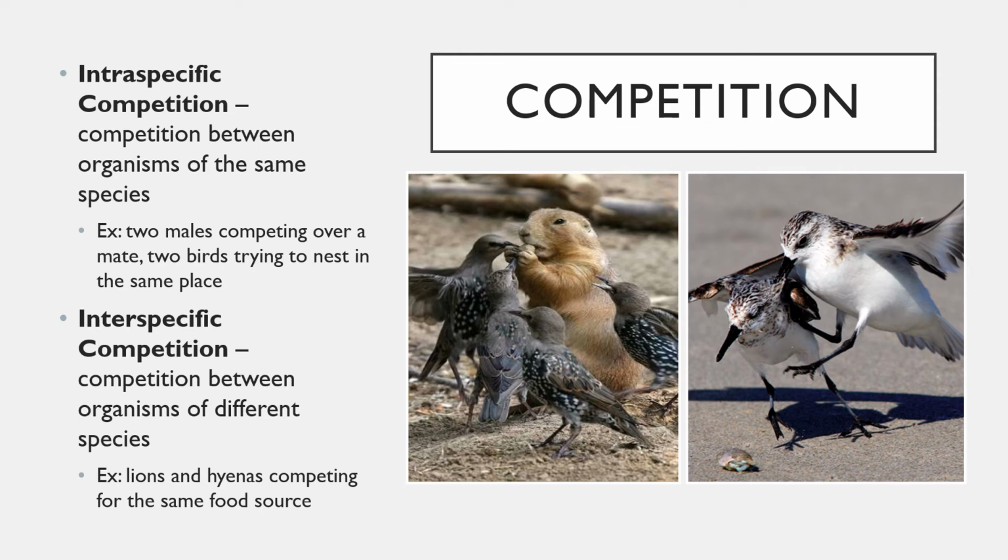Another example with my hummingbird feeder: sometimes a bright yellow oriole will come and land on the feeder and actually drink the nectar. So this is a different species competing with my hummingbird for the nectar. So it's not competition between the same species, it's competition between different species.